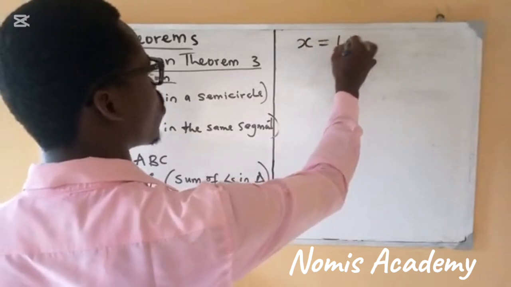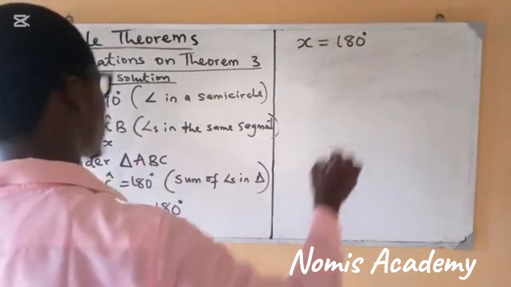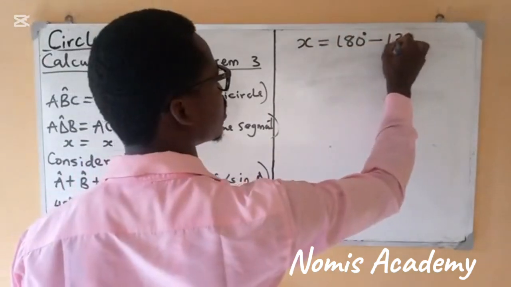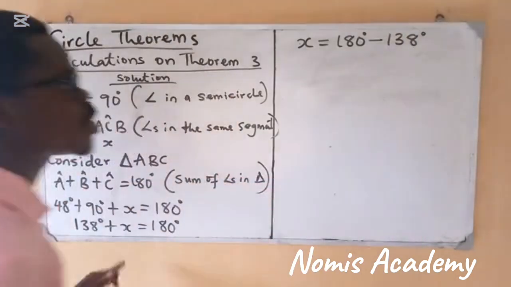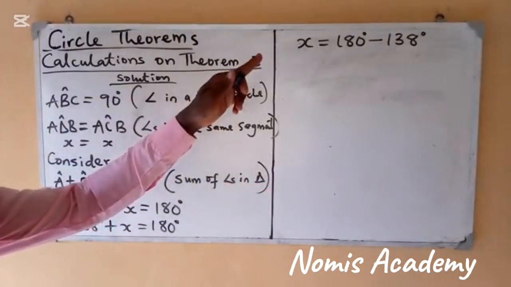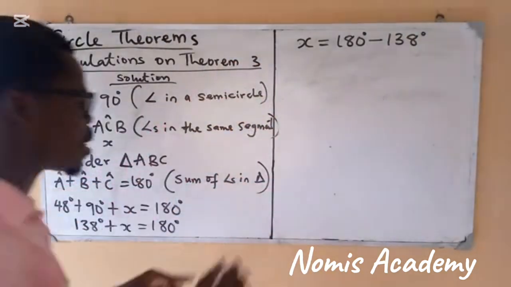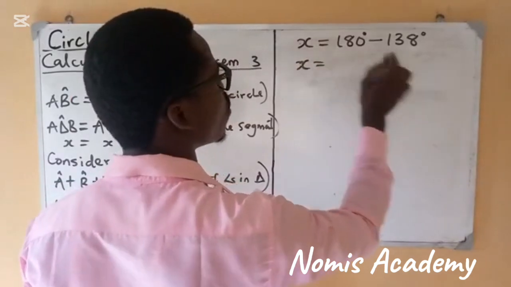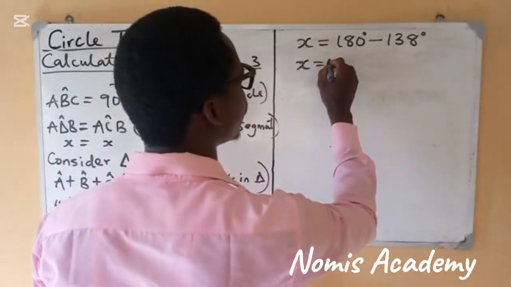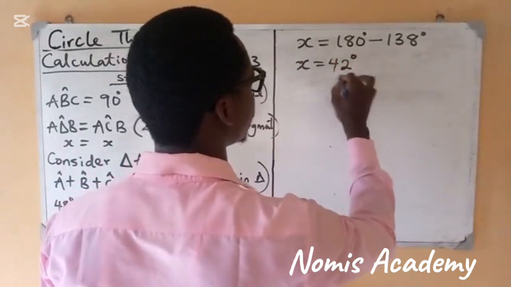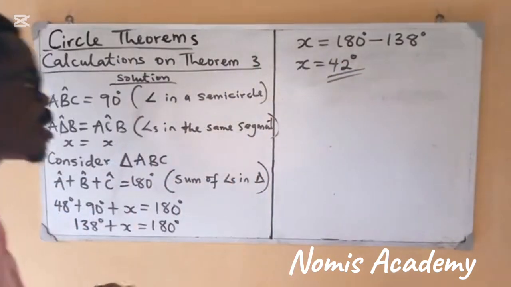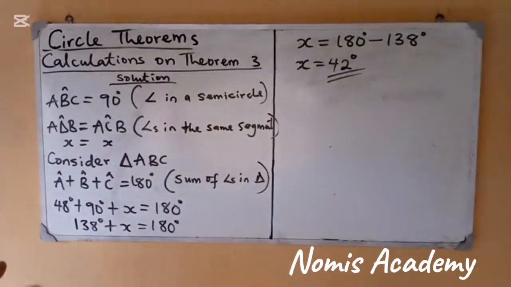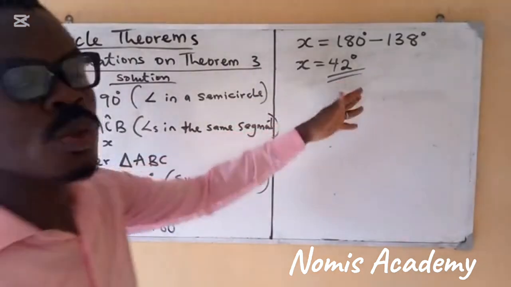X is equal to 180 degrees minus 138 degrees. So we subtract 138 from 180, and that is x is equal to 42 degrees. So that particular angle, the marked angle, is 42 degrees.